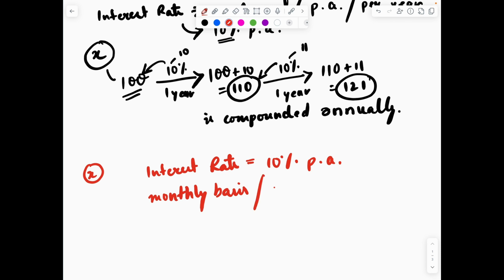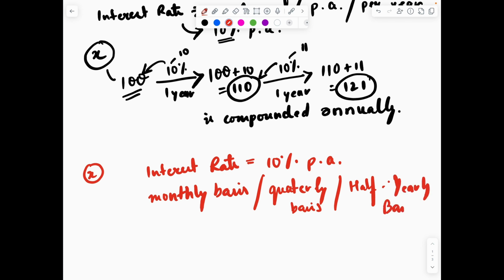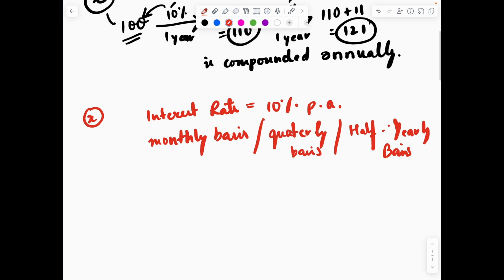Or I could say quarterly basis, I'm going to charge you interest on a quarterly basis. Or I could say on a half-yearly basis.